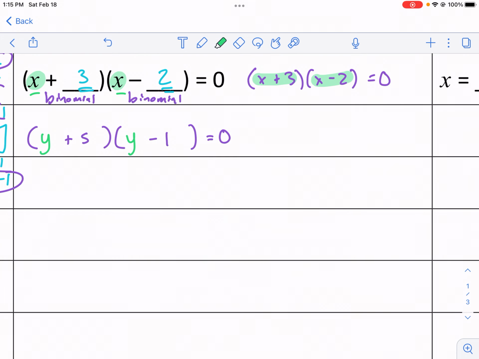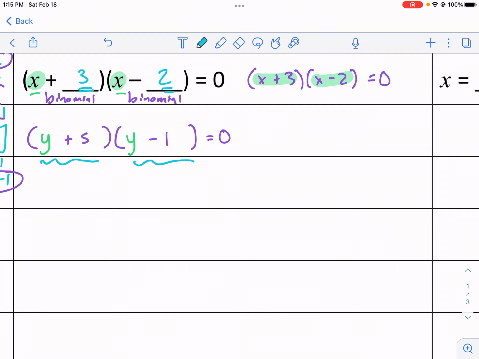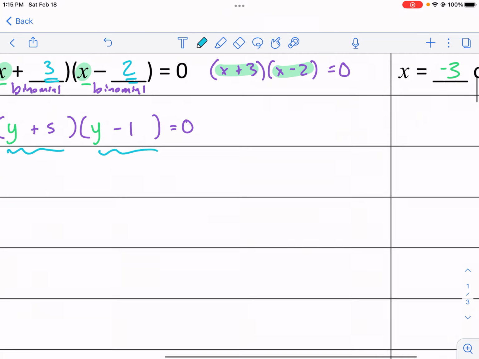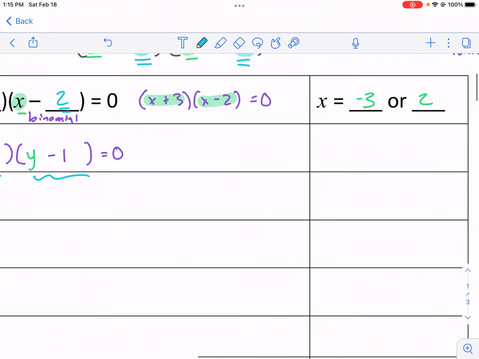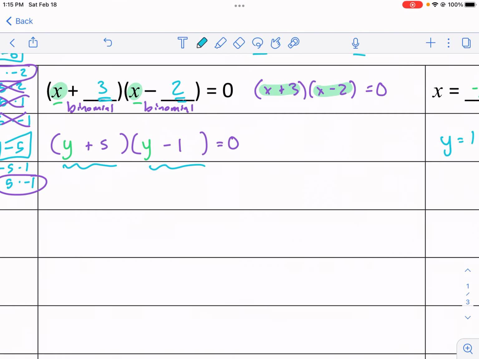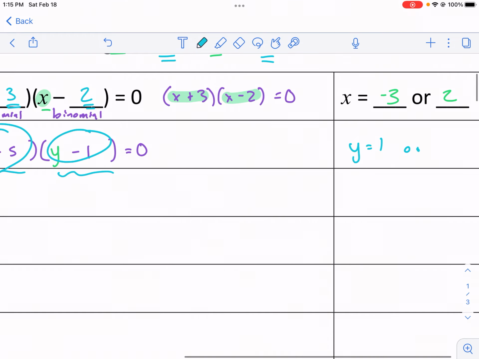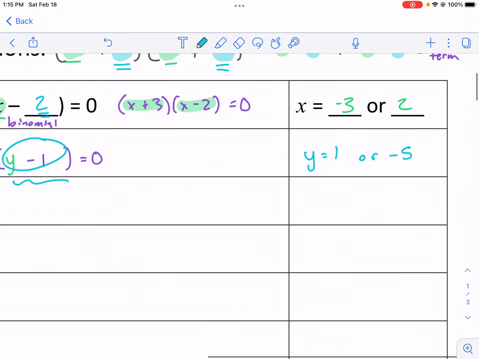We want either one of these parentheses to go to 0. So this parenthesis or this parenthesis can equal 0, and it's going to be a true statement. Well, I know 1 minus 1 is going to be equal to 0, so y can equal 1. And then negative 5 plus 5, we're just looking at opposites essentially, is going to be equal to 0. So I know it's going to be positive 1 or negative 5. And that's my answer, okay?